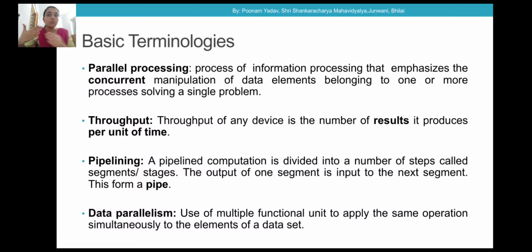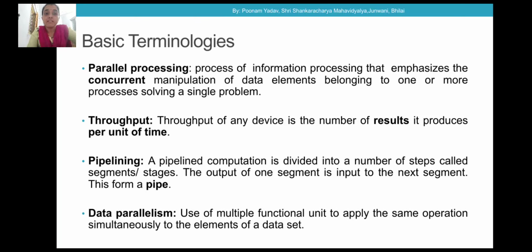The output of one segment goes to the input of the next, and in this way all segments are connected. Such a concept is called pipelining. These are also important points in parallel processing.